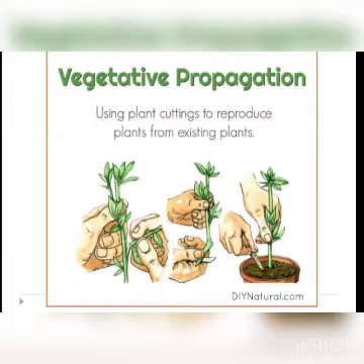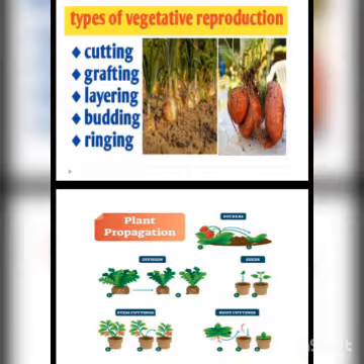So, if we cut small pieces of stem with some leaves attached to it and then put these small pieces of stem into the soil, after some time they will grow into a new plant. As you can see in the figure, we are growing new plants of the rose with the help of a cutting of the stem of the rose, and then put this stem into the soil that has moisture and water, and after some days that stem will grow into a new plant.